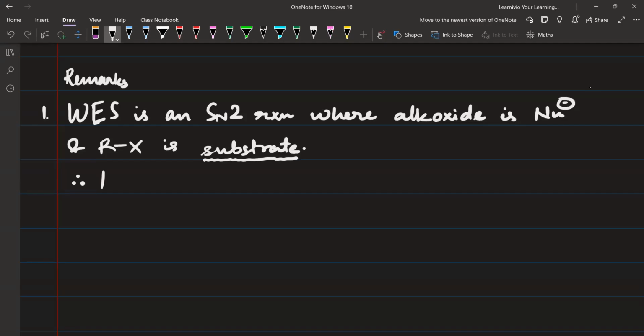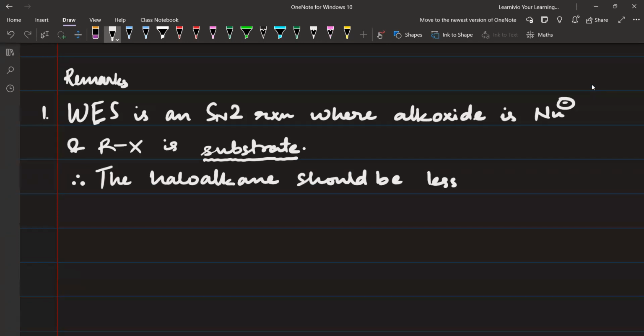Therefore, the haloalkane should be less hindered.